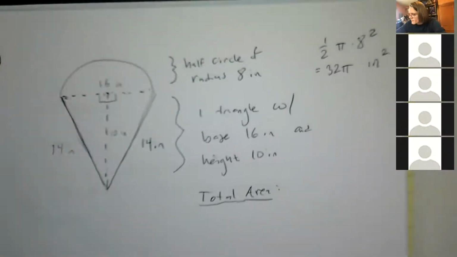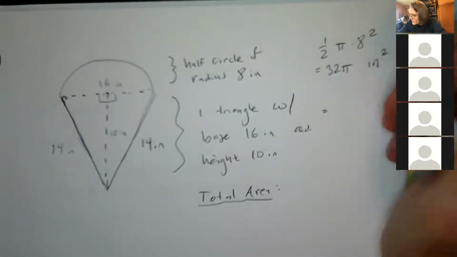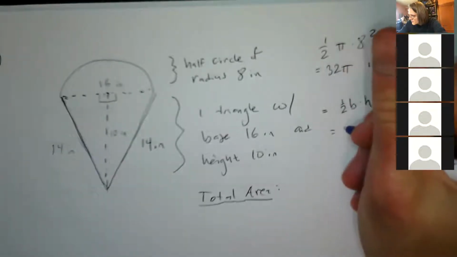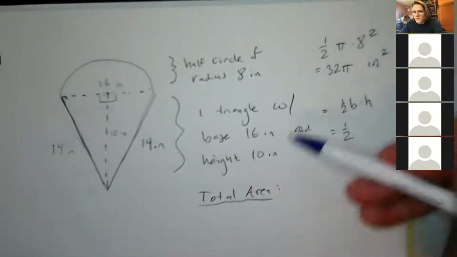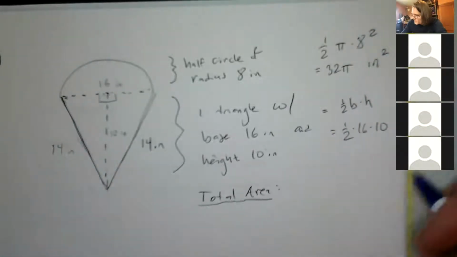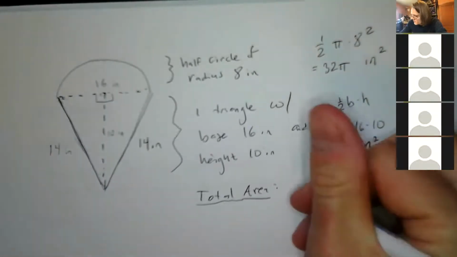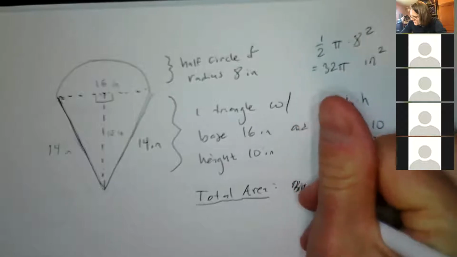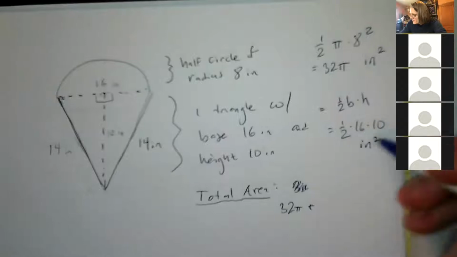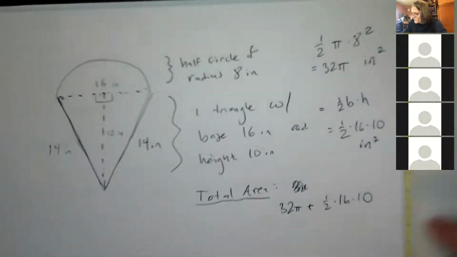Okay. And then my triangle, as I said, the area of that is 1/2 base times height. So that's 1/2 16 times 10. All right. And so the total area is just going to be 32. Oh, this is inches squared again. So it's going to be 32 inches squared times pi plus this 1/2 times 16 times 10.